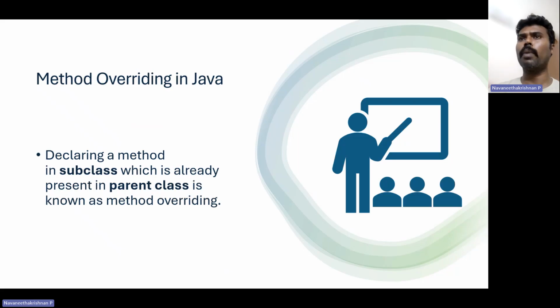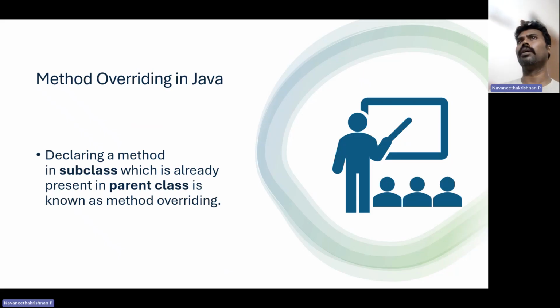You are overriding the method from the parent class in the child class, which means inheritance exists. For method overriding, you need inheritance, which means there is a method already defined in the parent class.